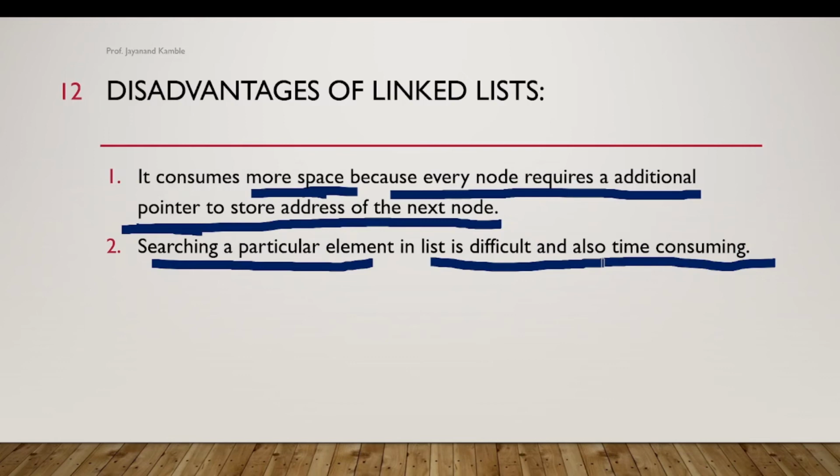But if I want to display node number 3 in a linked list, we can't directly display it. We have to start from the beginning. That means we have to visit node 1, node 2 and then node 3. That's why in a linked list, searching for a particular element is difficult and also time consuming.